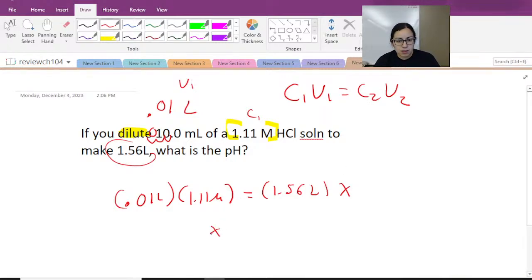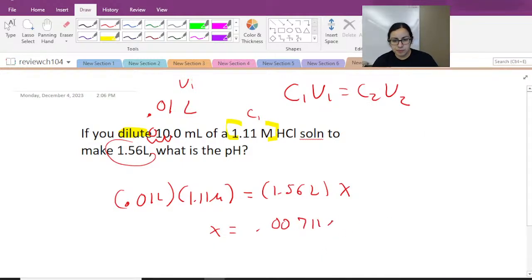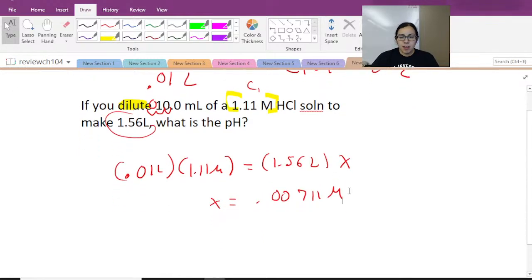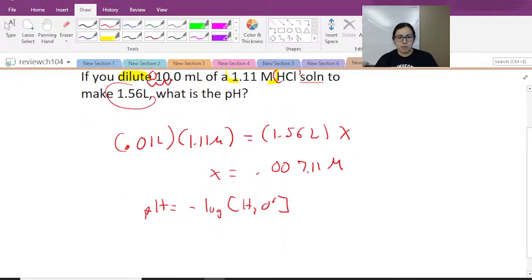I see some nods. So this is our new molarity then. Now we can plug this into our formula. It is HCl, so it's appropriate to go to pH equals negative log of hydronium. That matches what we were given.